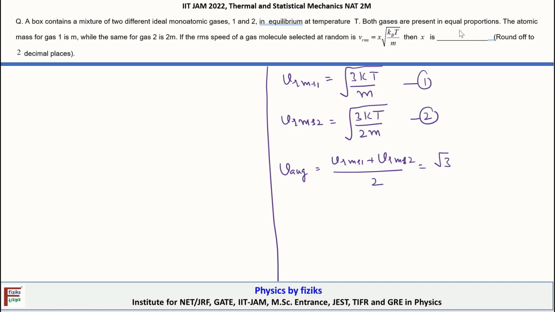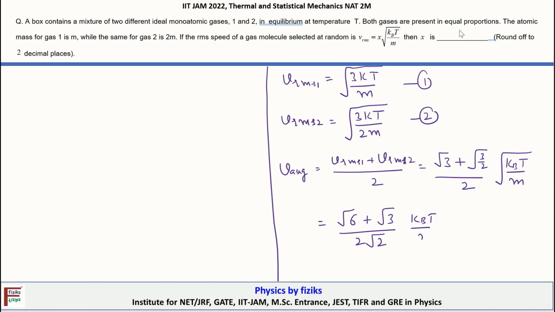Under root 3 and under root kT by m are common in both expressions. So (under root 3 plus under root 3 by 2) divided by 2, multiplied by under root kT by m. When we further solve this expression, it turns out to be (under root 6 plus under root 3) divided by 2 under root 2, multiplied by under root kT upon m.